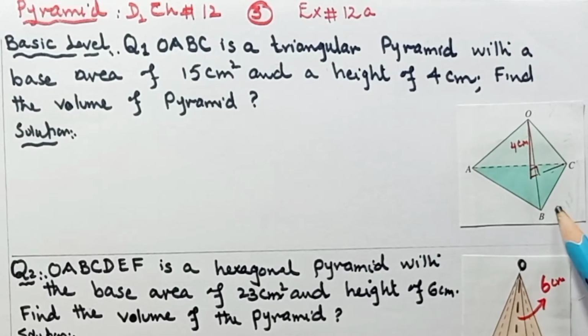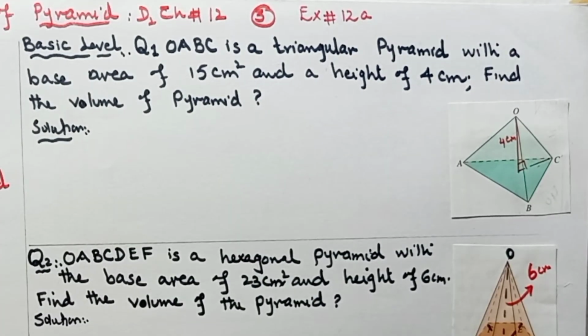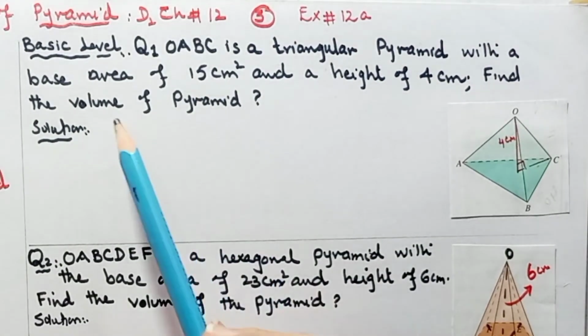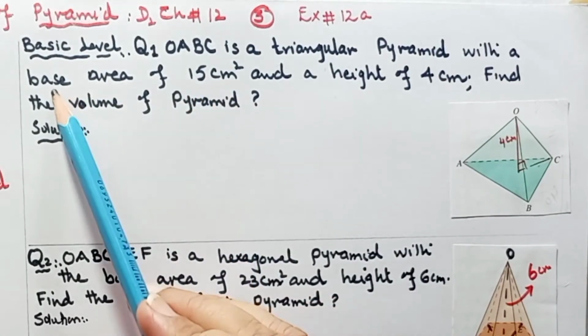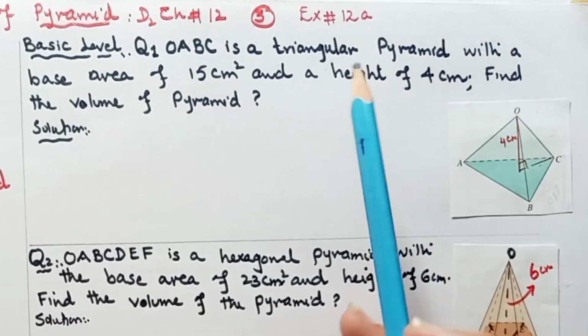Recall my previous lesson: what is the other name of triangular pyramid? That is tetrahedron. Coming to the question again, what is 15 centimeters square? This is the base area given, and height is 4 centimeter.